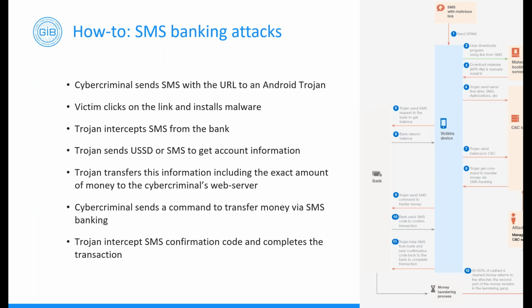So basically, worldwide there are two main vectors of attack. The first one is related to SMS banking attacks. Cyber criminals send SMS messages with a URL to an Android Trojan. The victim clicks on the link and installs malware, because still many people don't actually read what permissions each application is asking.